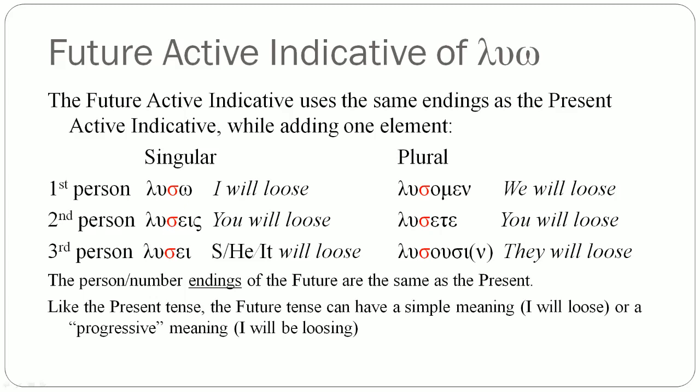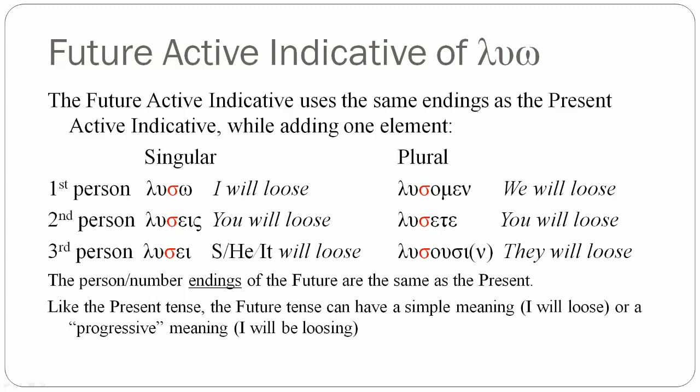All right. Notice here, in all of these future forms, there is a sigma that is inserted at the end of the verb stem. All right, again, the verb stem is lambda upsilon, lu. We have luo. And in the future, you stick that sigma in between the end of the verb stem and the verb ending.